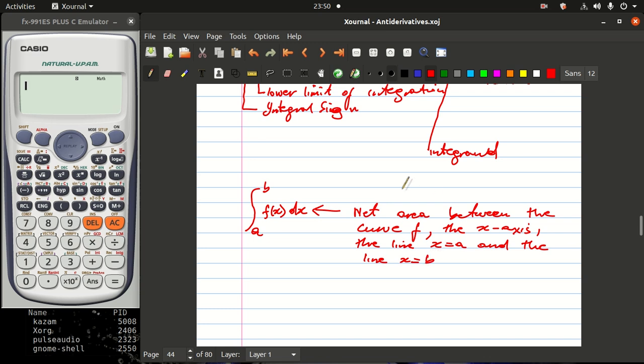So it is the net, underline net, because it is not the total area, it is the net area.